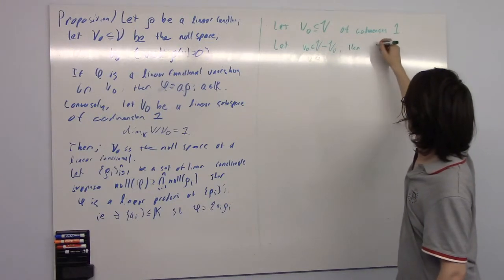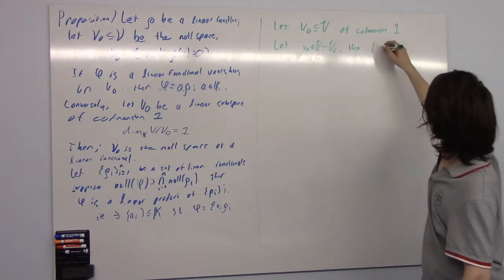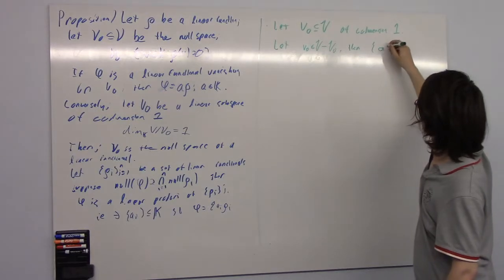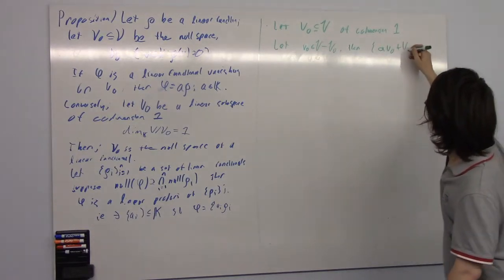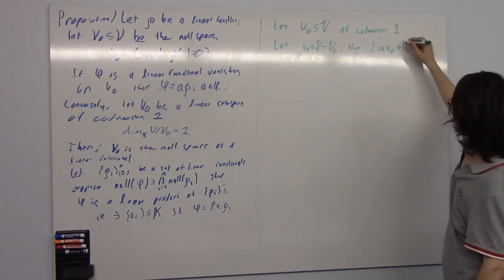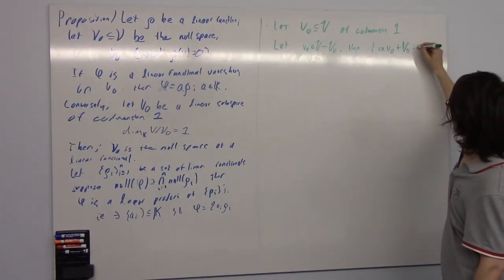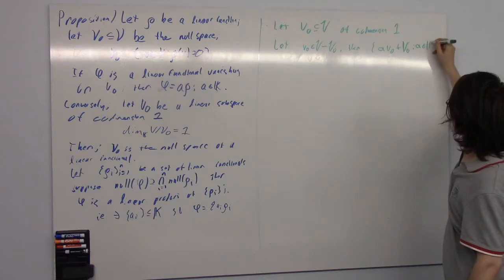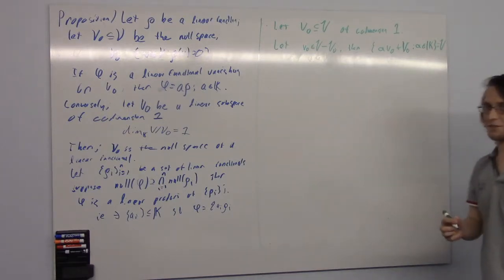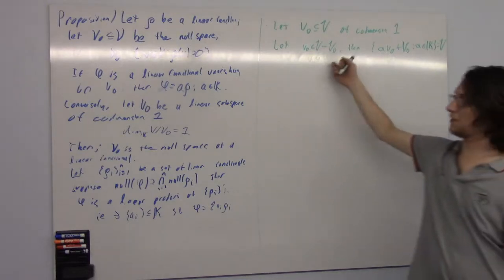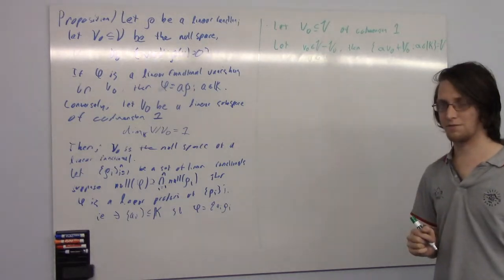Then the set alpha times v naught plus V naught, as alpha ranges over your K, equals your entire vector space. You know this because V naught is codimension 1.